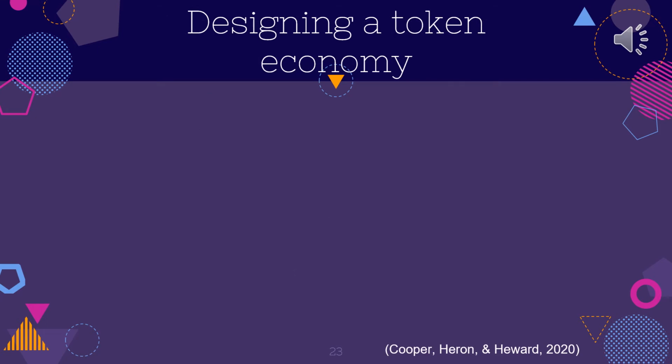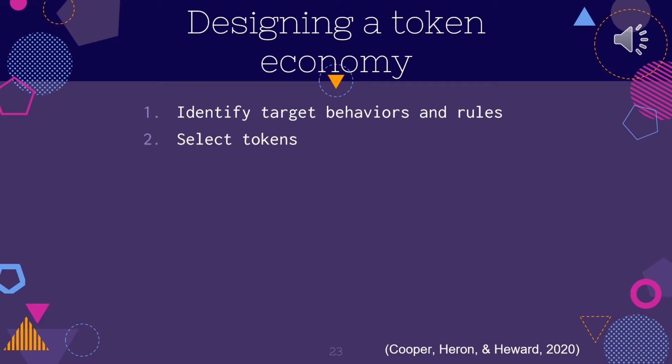Now we are going to move on to discuss how to design a token economy. To begin, there are 6 basic steps involved in designing and preparing to implement a token economy. They go as followed. 1. Identify target behaviors and rules. 2. Select tokens. 3.